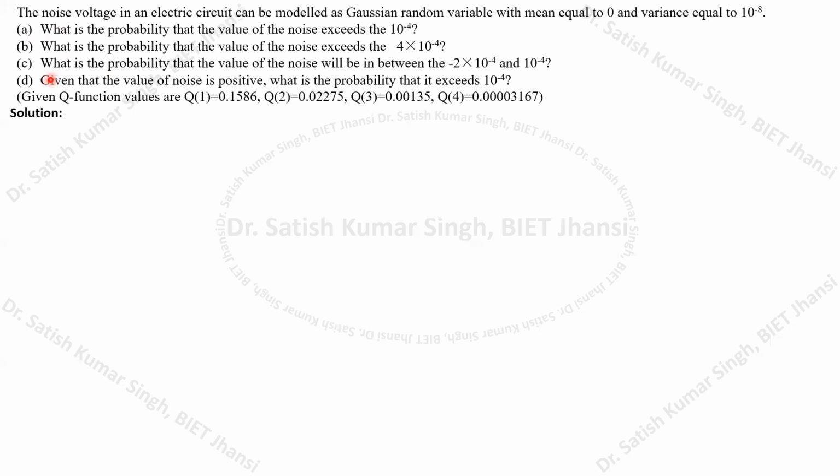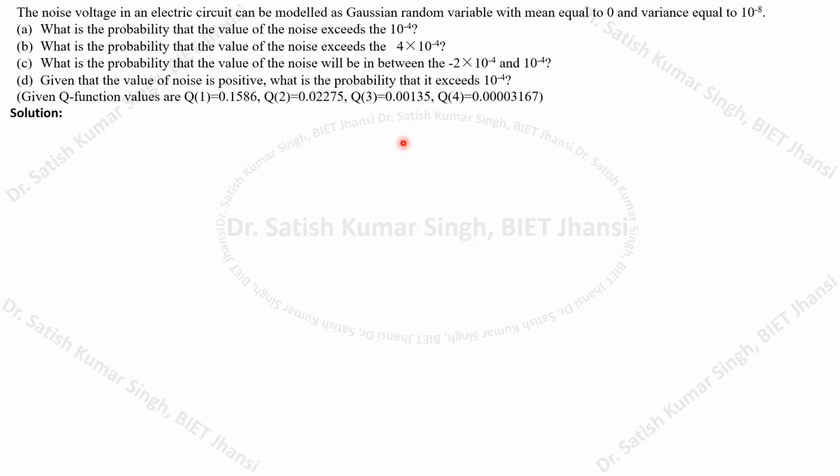The first problem is: what is the probability that the value of the noise exceeds the level 10 to the power minus 4 volts? Second, what is the probability that the value of noise exceeds 4 into 10 to the power minus 4 volt? Then we have to find the probability that the noise voltage will be in between minus 2 into 10 to the power minus 4 and 10 to the power minus 4.